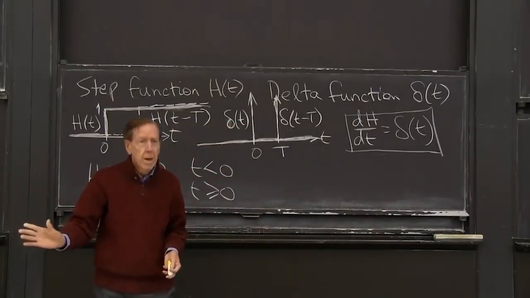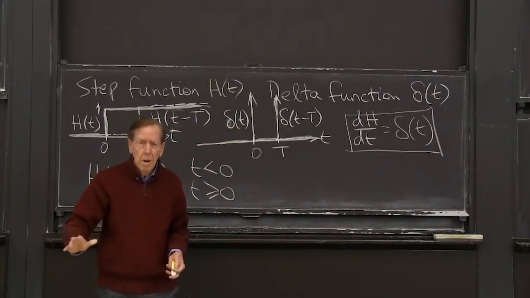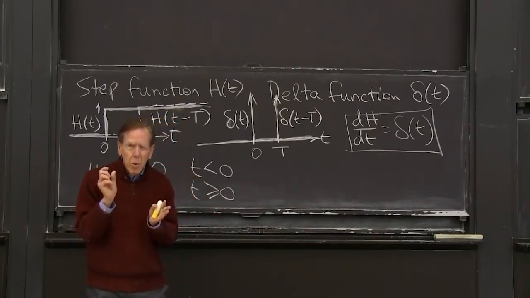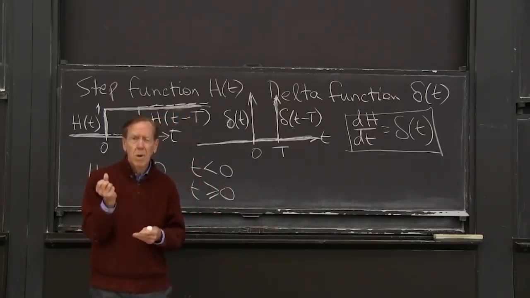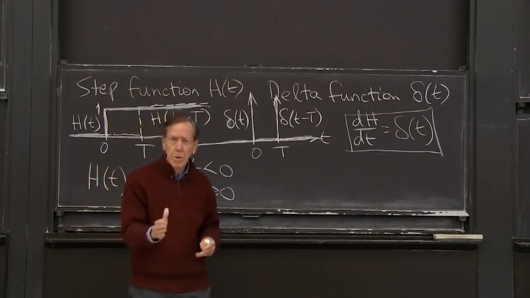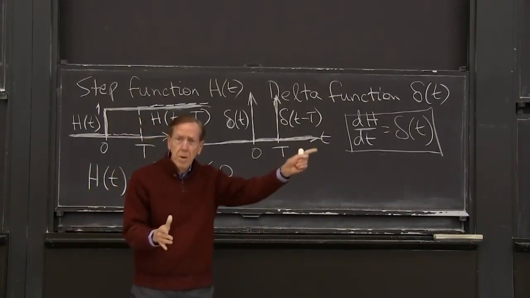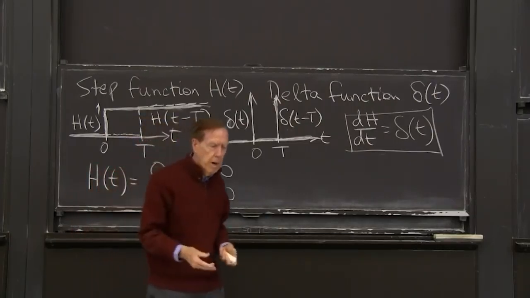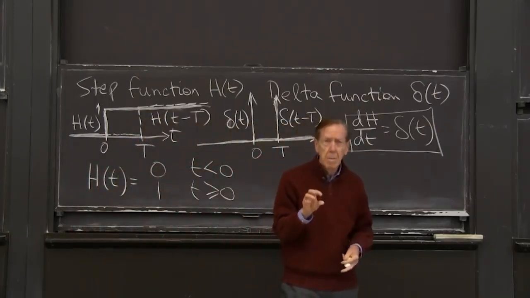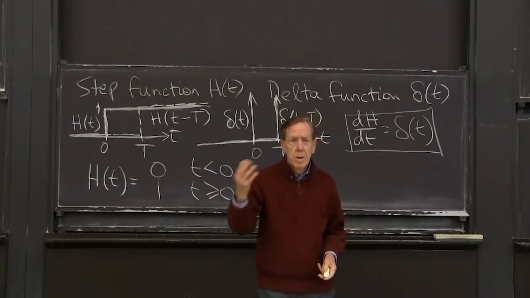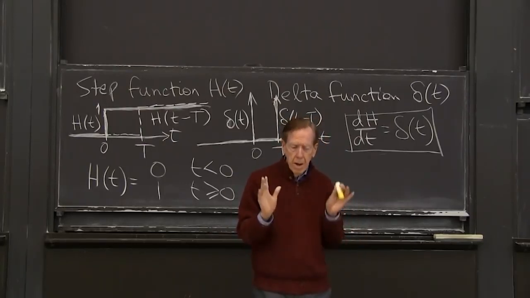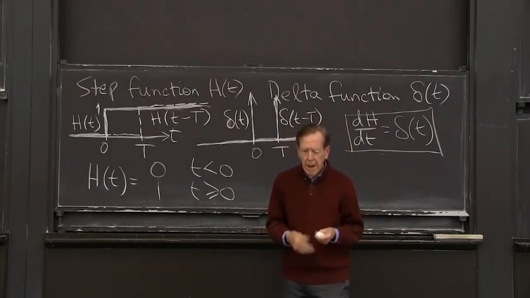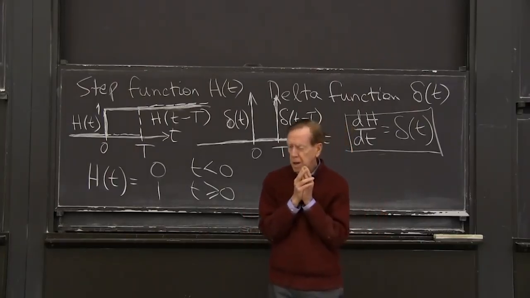And as I took the example of a golf club hitting a golf ball, well, it's not quite 0 time, but it's so close to 0 time that the two are connected, and then the ball takes off. And so a simple, workable model is to say it happens in 0 time with a delta function. So I really want to use delta functions, and they're not difficult to use.